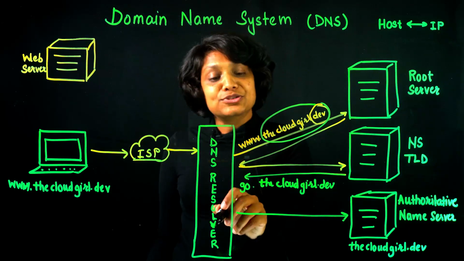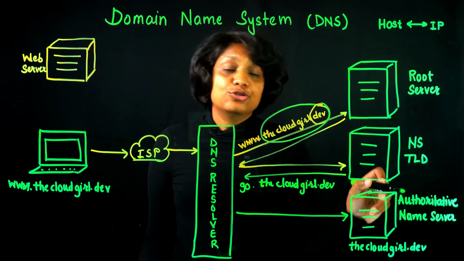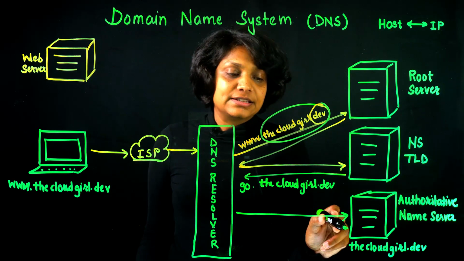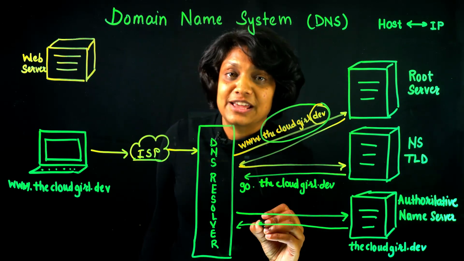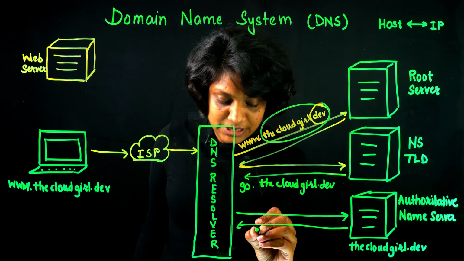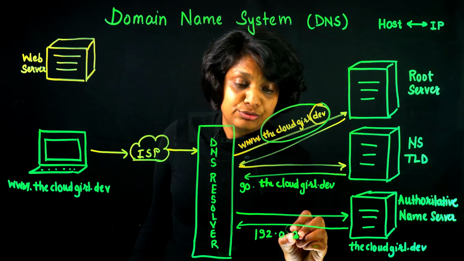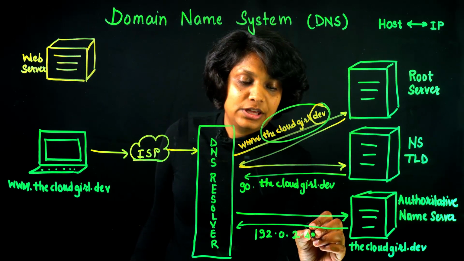So then the DNS resolver goes to the authoritative name server for thecloudgirl.dev, and it returns the IP address for it, which could be anything. Let's say it's 192.0.2.40 maybe.